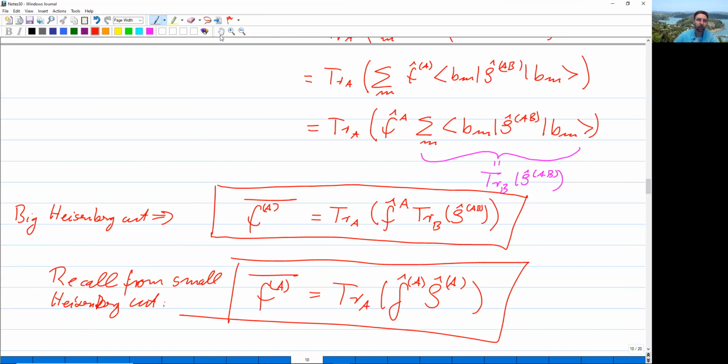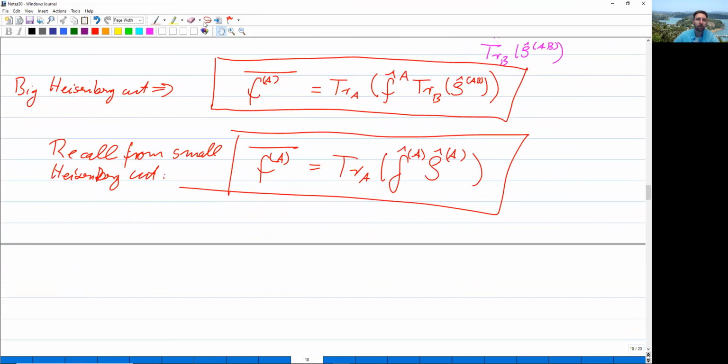And both of these equations are true for all observables. So for all F hat A.